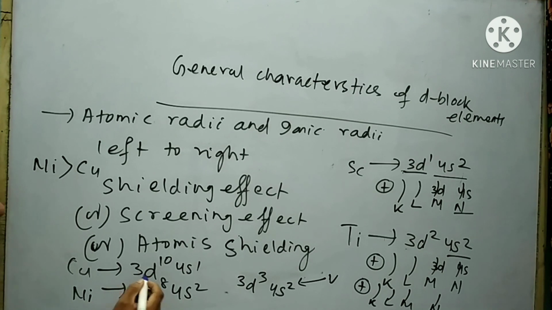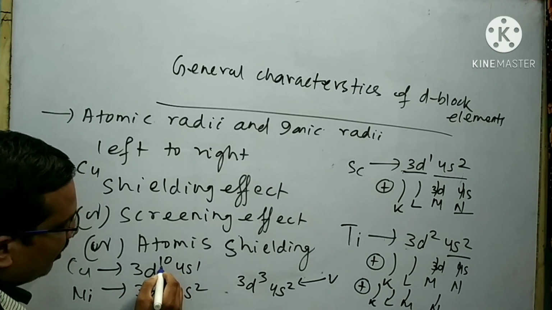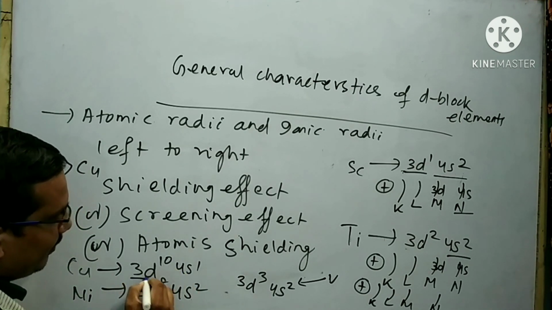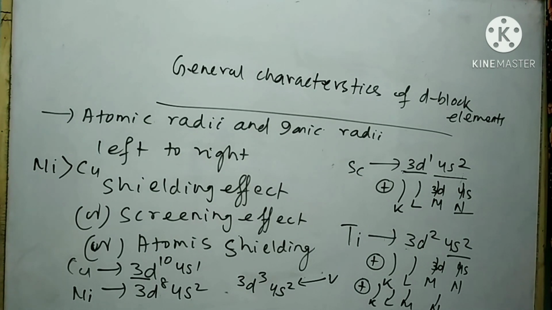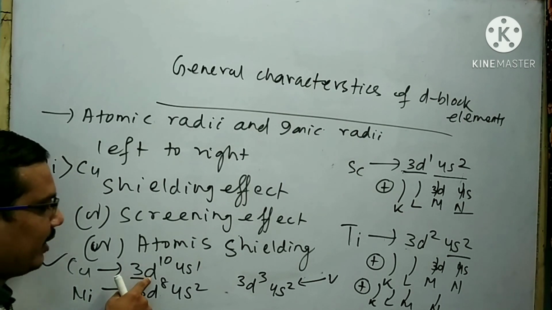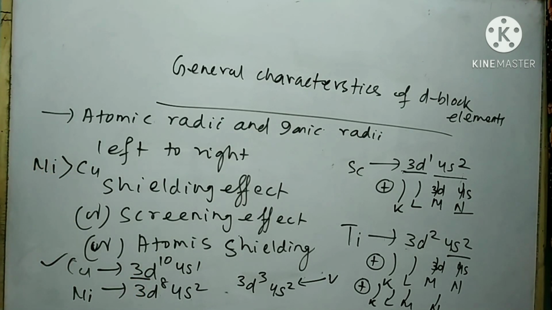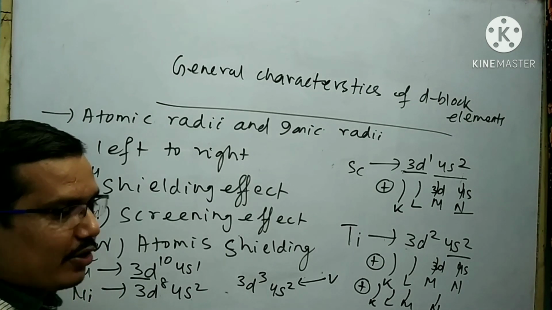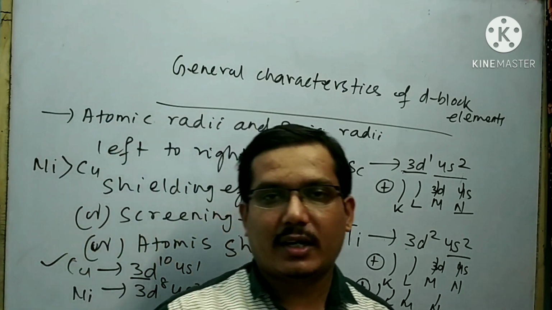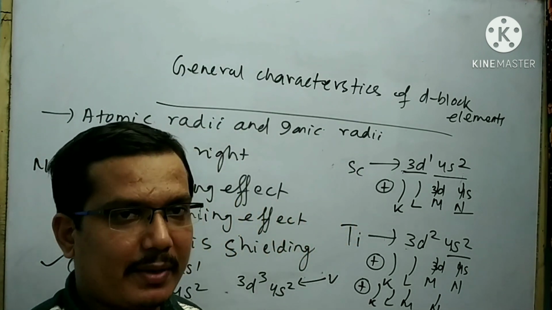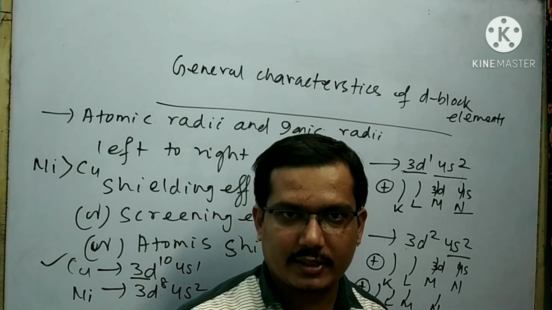This is due to the inter-electronic repulsion in the 3d orbital. That means in the case of copper there is more inter-electronic repulsion in the 3d orbital. That's why copper has a larger atomic radius than nickel. The ionic radii of different transition metal ions differ with different oxidation states.